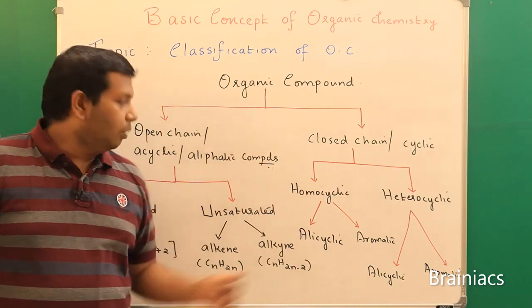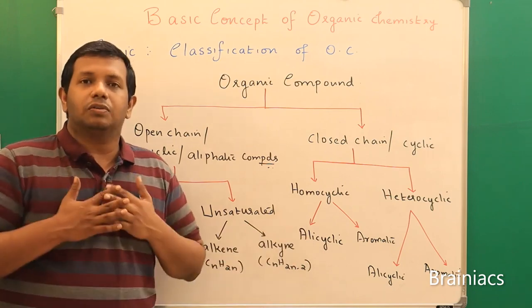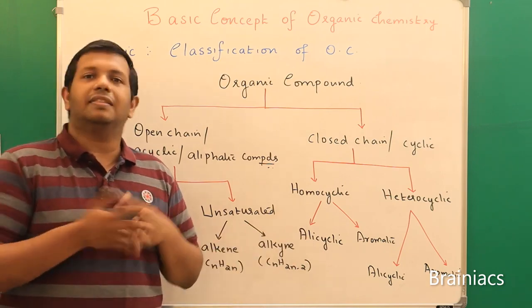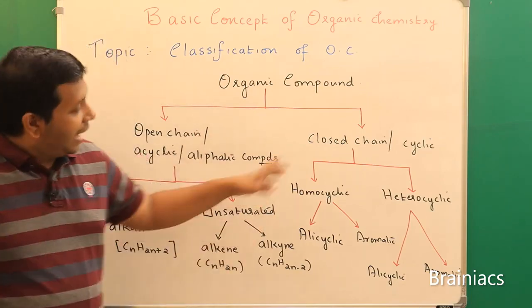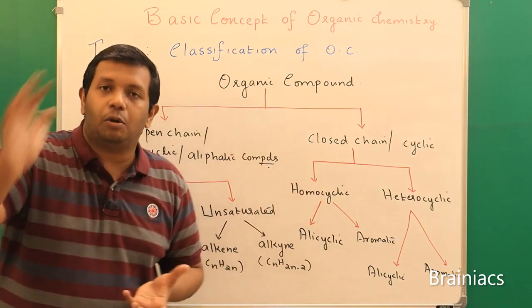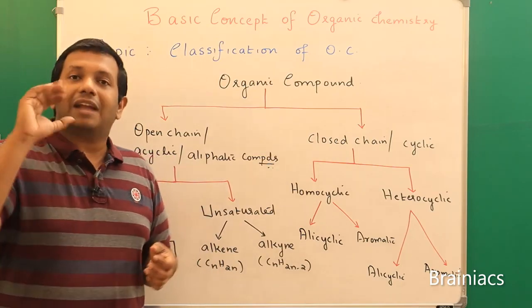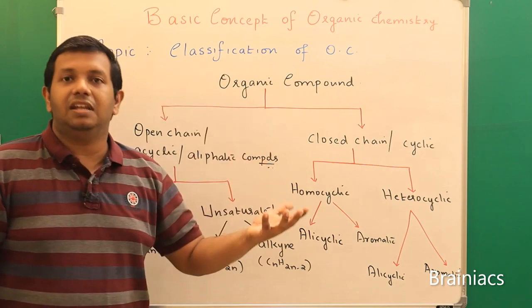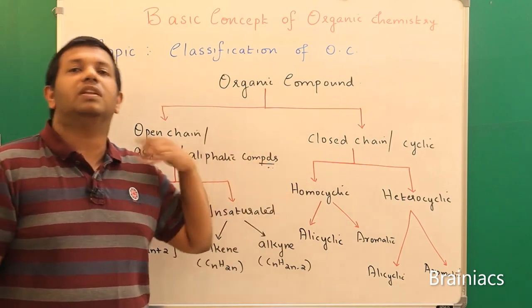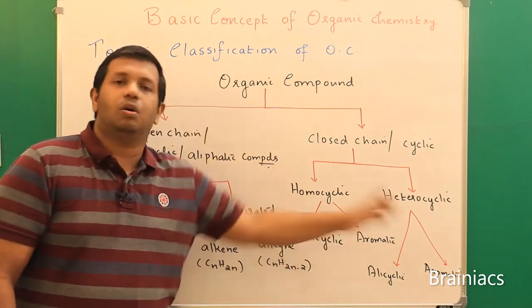Such types of compounds are called alicyclic. Then your question is, sir, how will we identify whether it is alicyclic or not? By looking at it, not possible. But to identify whether a given compound is aromatic or not, there are some criteria. That is what we are going to learn.